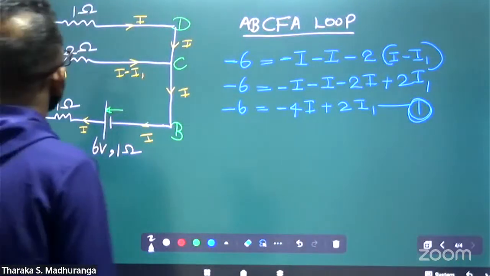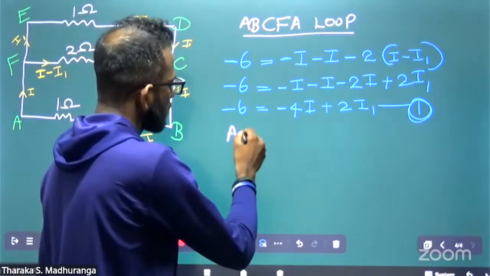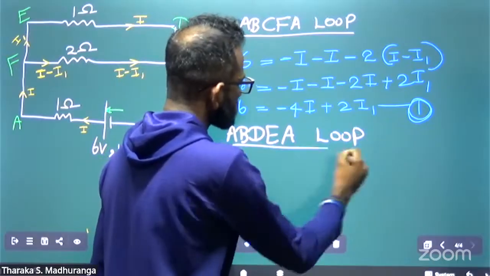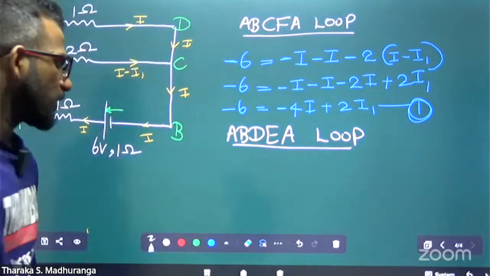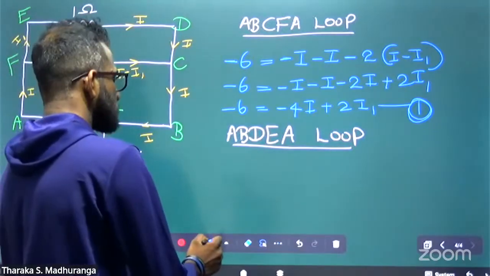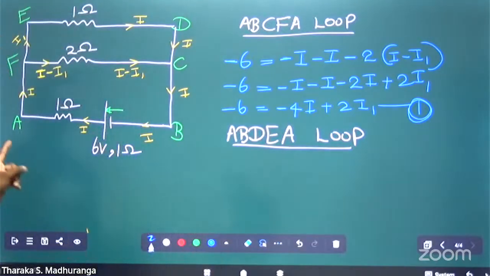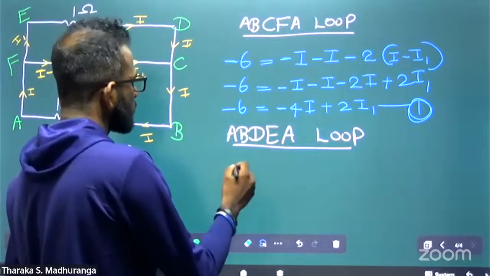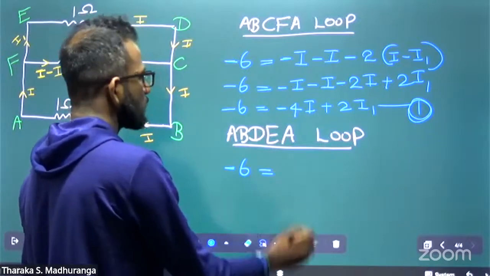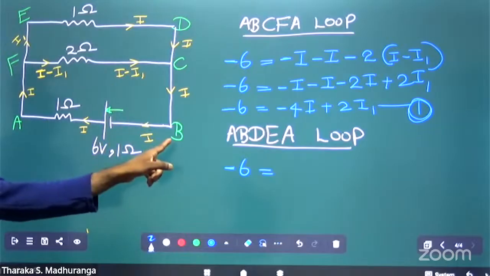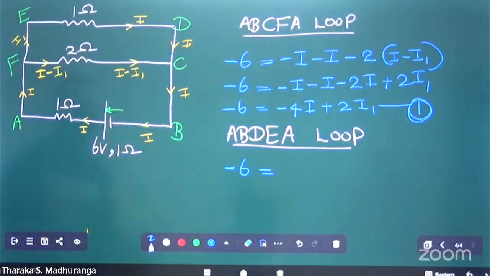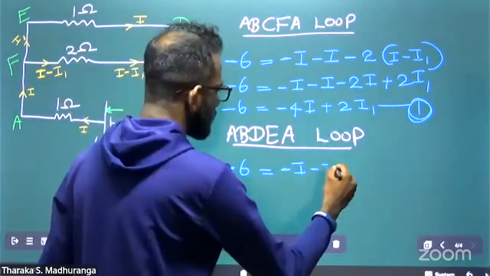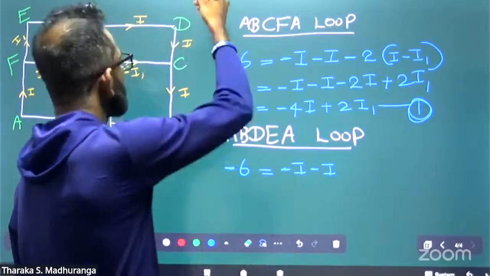Okay, then the loop ABDEA. I'm starting from A. It is -6. From A to B, the IR product is minus I. Now from B to D there is no battery or cell.